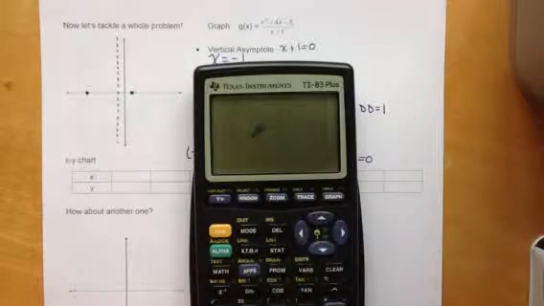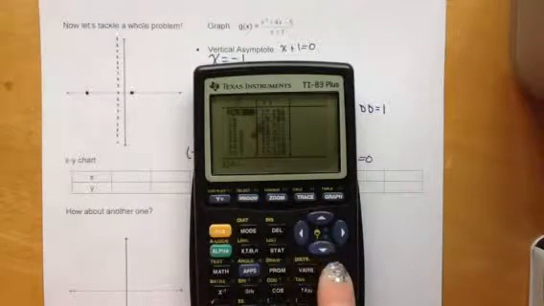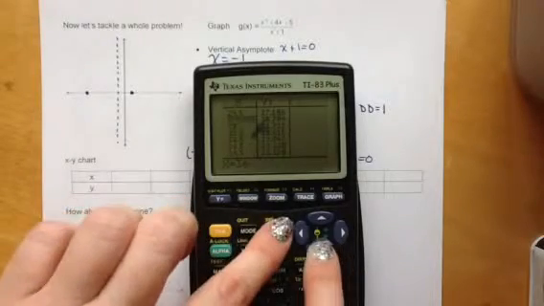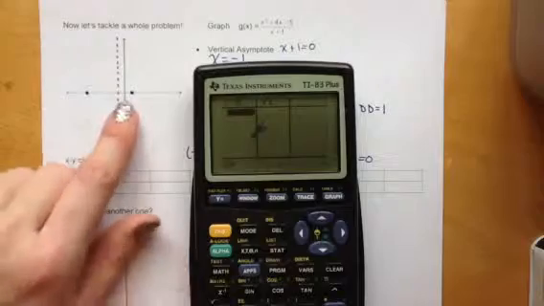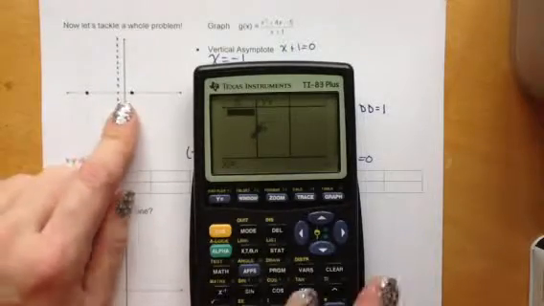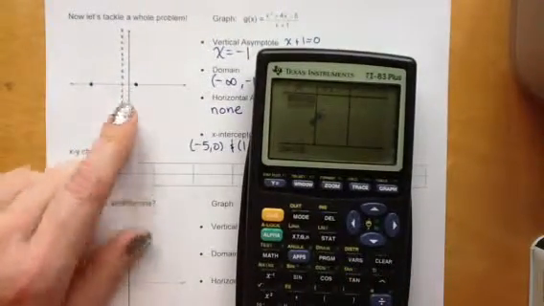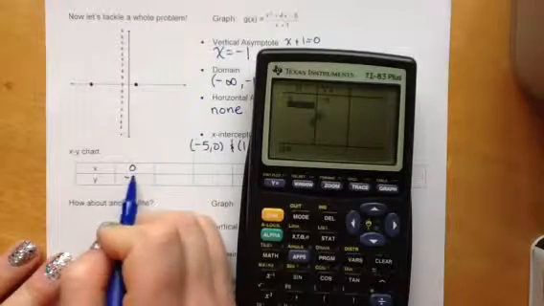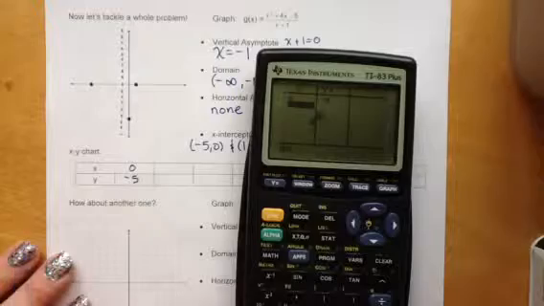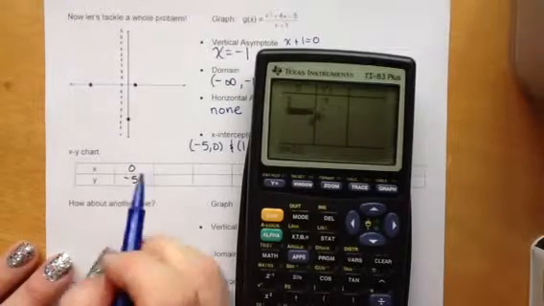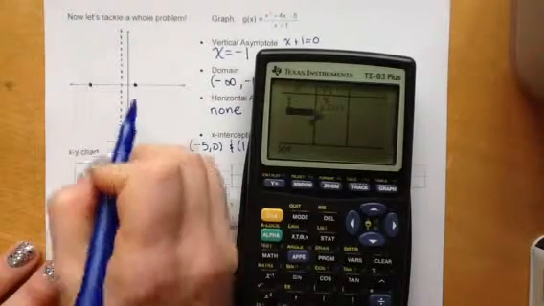Then when you go to the table, even though I have values in there, I can clear all of those out. And then I'll be able to type in x values. So I'm going to start with x equals 0. If I put in 0, I get out -5, so that's an ordered pair. If I put in 2, I get 2.3.